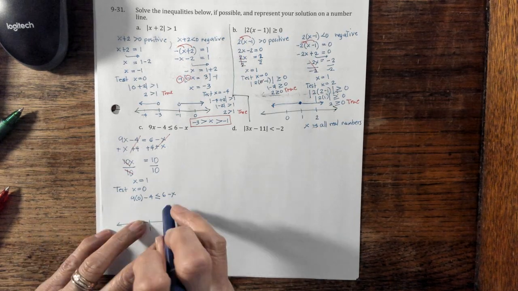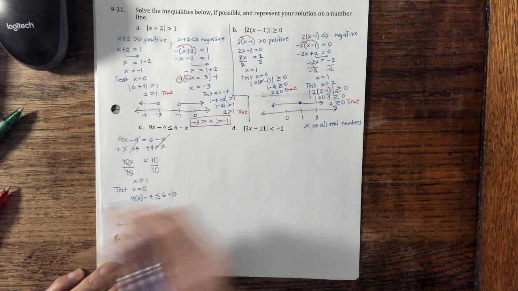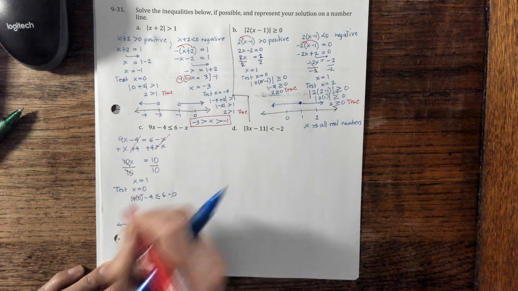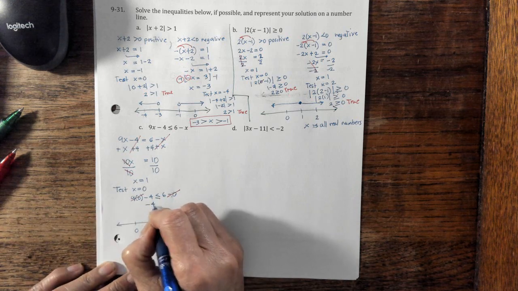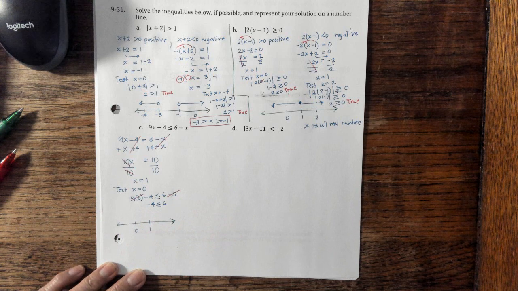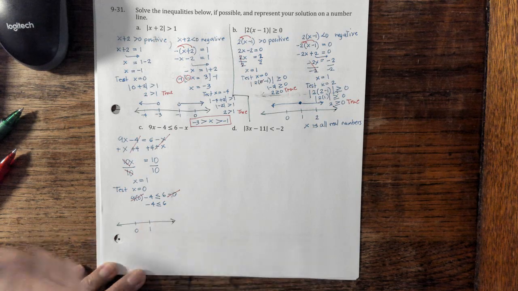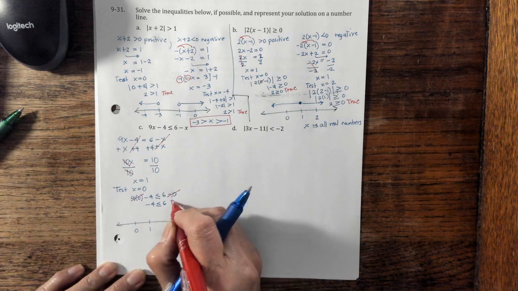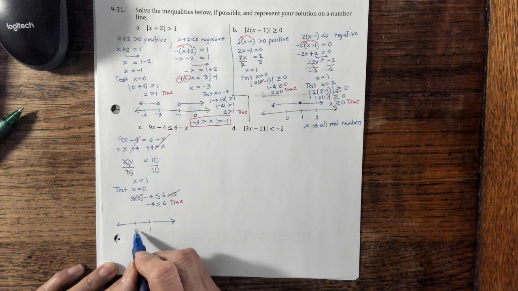Oh, x is equal to 0, so change that to 0. So this is cancelled, and this is 0. So is negative 4 less than or equal to 6? Negative 4 is less than 6, therefore it is true. Therefore, we say that 0 is part of the solution.